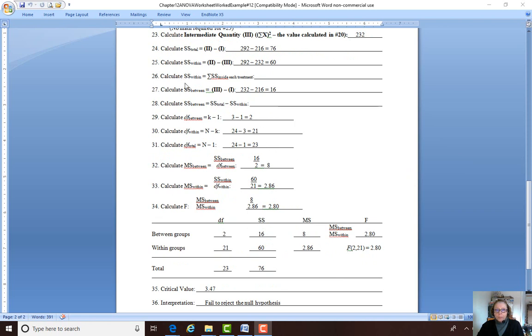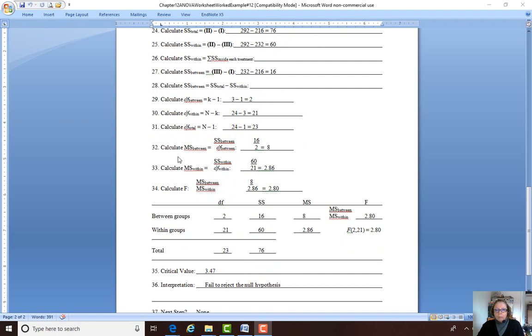From these 3 steps and these 3 steps, our sum of squares total, within, and between, and our DF total, within, and between, is where we get the values to calculate our mean square between and our mean square within. So grabbing those numbers from up above, our SS between of 16 divided by our DF between of 2 gives us an 8.